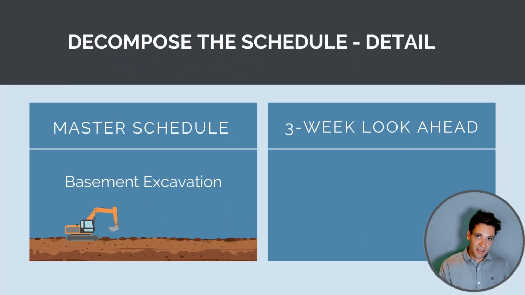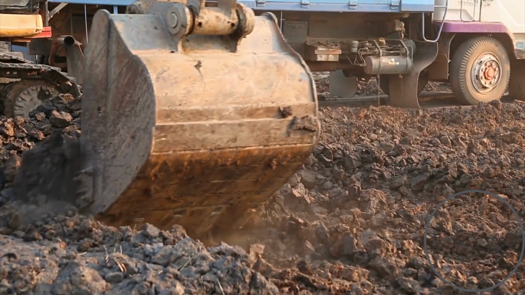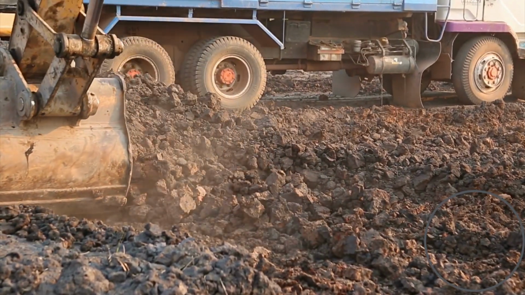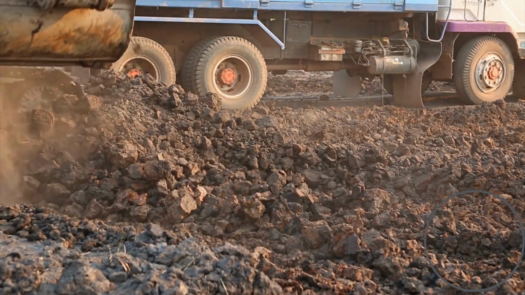Basically, we want to map our understanding of what's happening on site to where we're up to in the overall scheme of the project. Next thing is we want to take the master project schedule, decompose it, add a whole lot of detail in it, and turn it into a short-range program. So something like a 3 to 6 week look ahead. Let me give you an example of what I'm talking about. So the master project schedule might have an activity that's basement excavation. A 3-week look ahead needs to have every single task that's involved in that master activity.